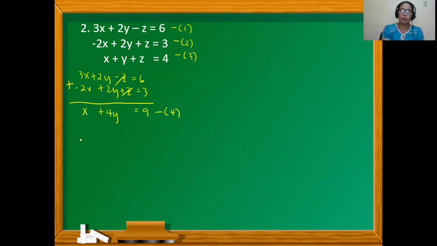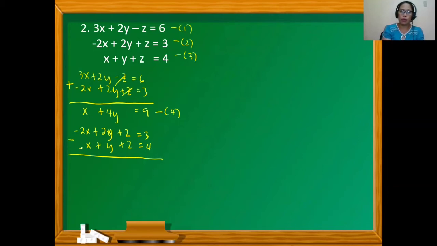And then we have second and third: negative 2x plus 2y plus z equals 3, and then x plus y plus z equals 4. This time we're going to make use of subtraction since the coefficients of z are the same.